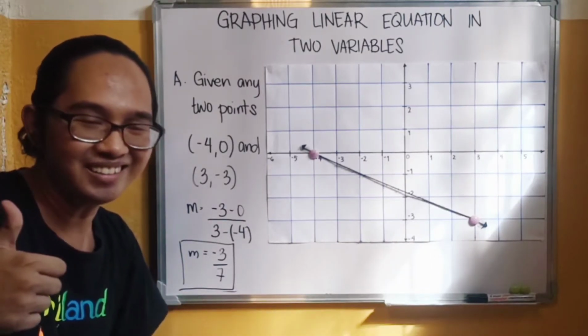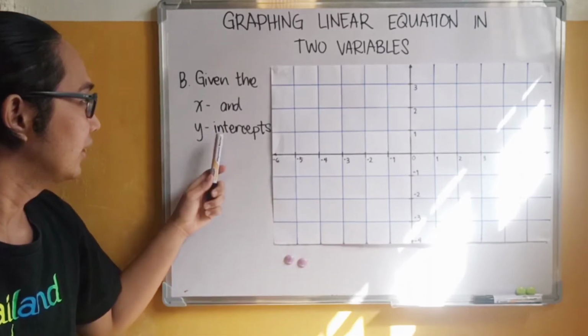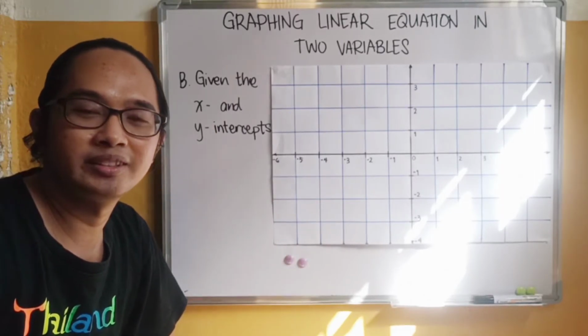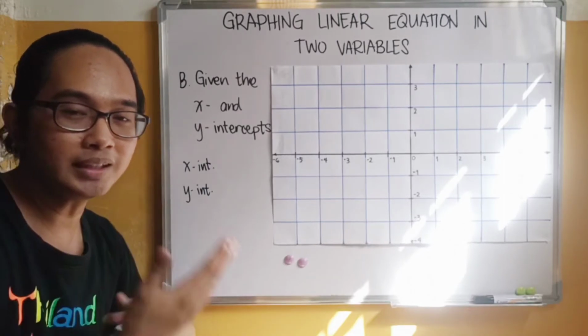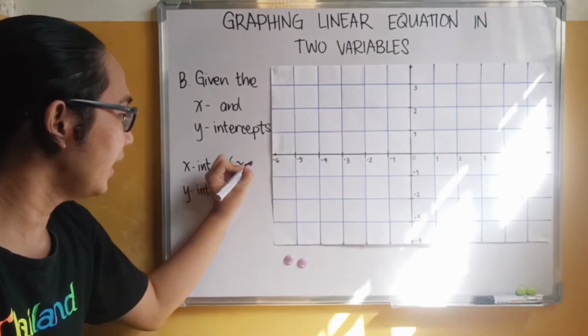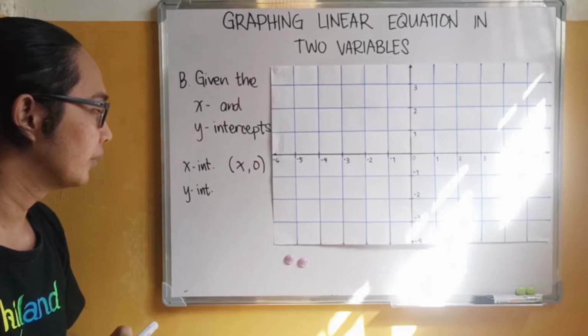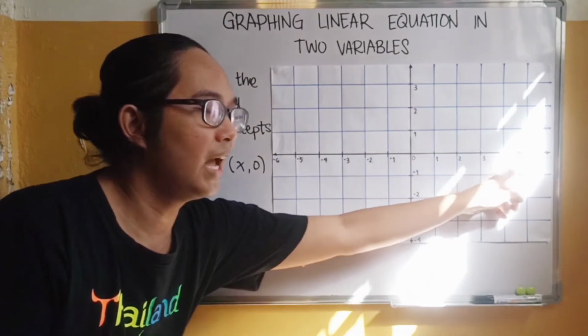Di ba? Madali lang? And let's now proceed with our second part where the given x and y-intercepts. Ito ang inyong tatandaan kapag given ang ating x and y-intercept. So simulan natin sa x-intercept. Ang sinasabi sa x-intercept, we have x, 0. So ibig sabihin, if we're going to plot this point, it is along the x-axis.